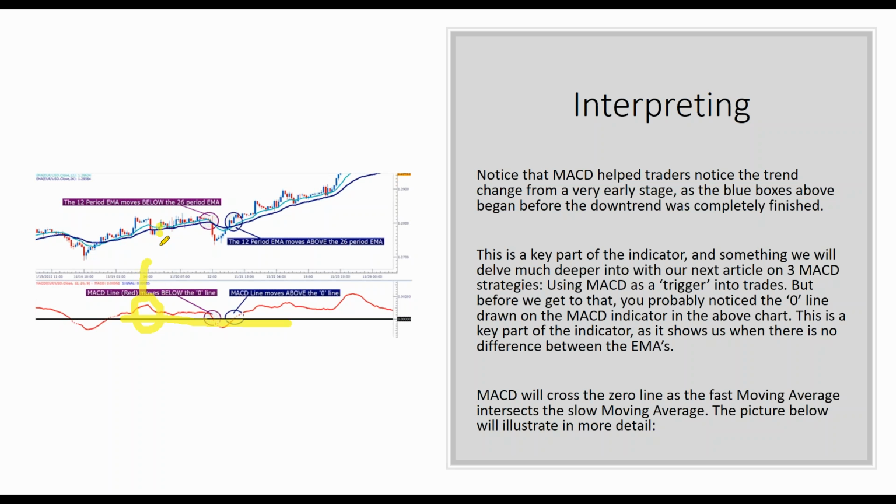So when they cross the zero line is exactly the same as when they cross over on the charts. So we no longer put these on the charts. What we do is simply use the zero line, and when we see a cross below or a cross above the zero, it means we either had a divergence or a convergence. Pretty simple there. So MACD will cross the zero line as the fast-moving average intersects the slow-moving average.